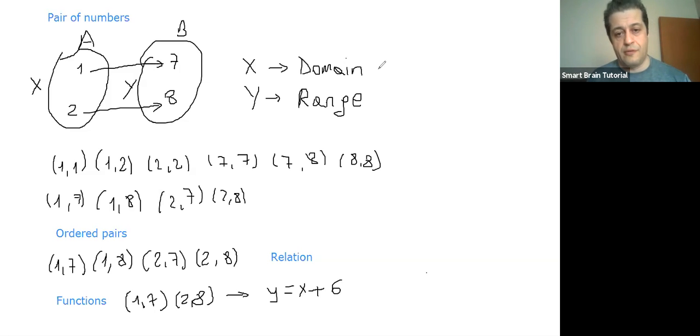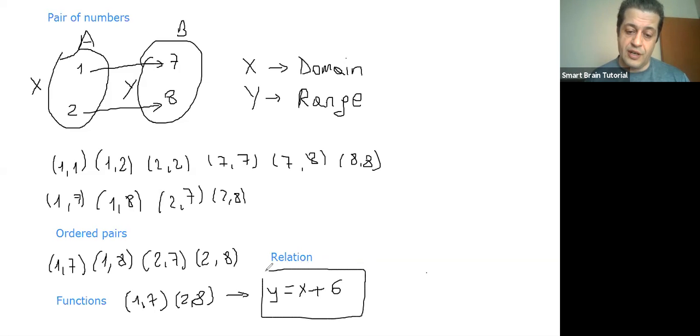So the first set contains independent values because we are going to give the values ourselves, so they are independent. Then if we apply the formula, we find the corresponding values of y based on the values of x.